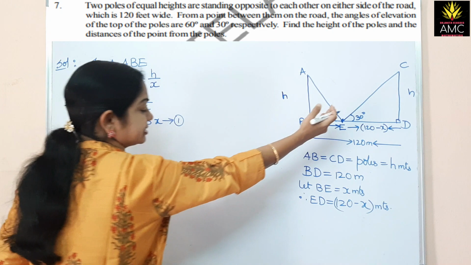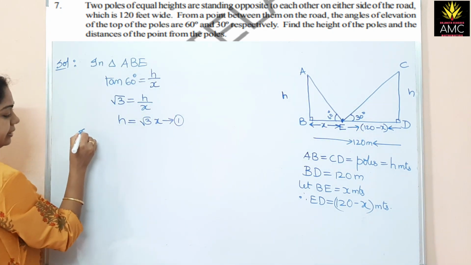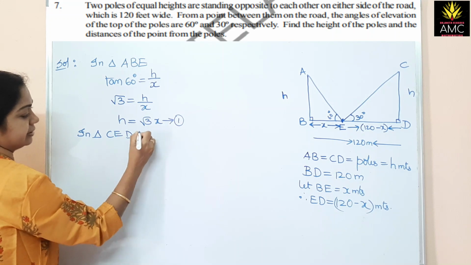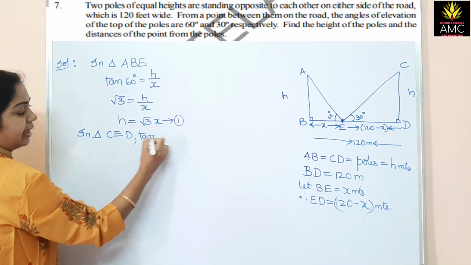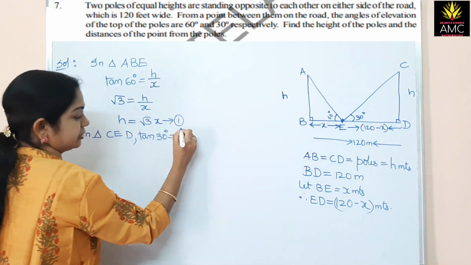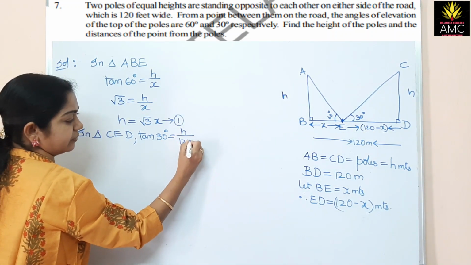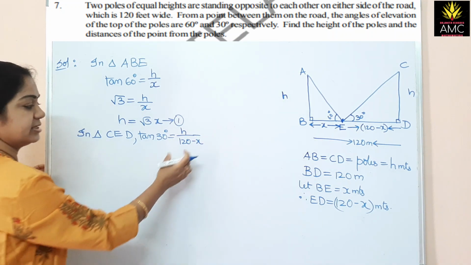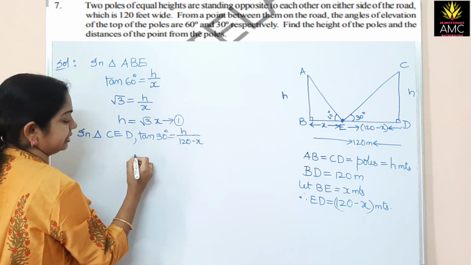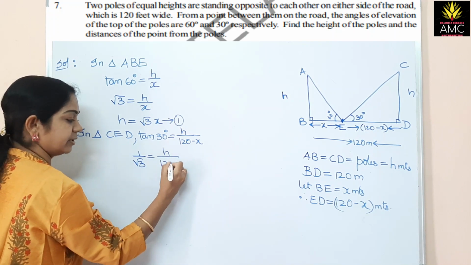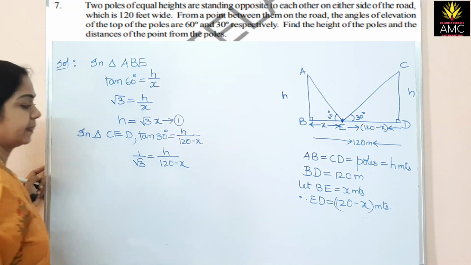Let's take the other triangle, in triangle CED, tan 30 degrees is equal to opposite by adjacent, that is H by 120 minus X. The adjacent is 120 minus X. Tan 30 is 1 by root 3. So, that comes to H by 120 minus X.